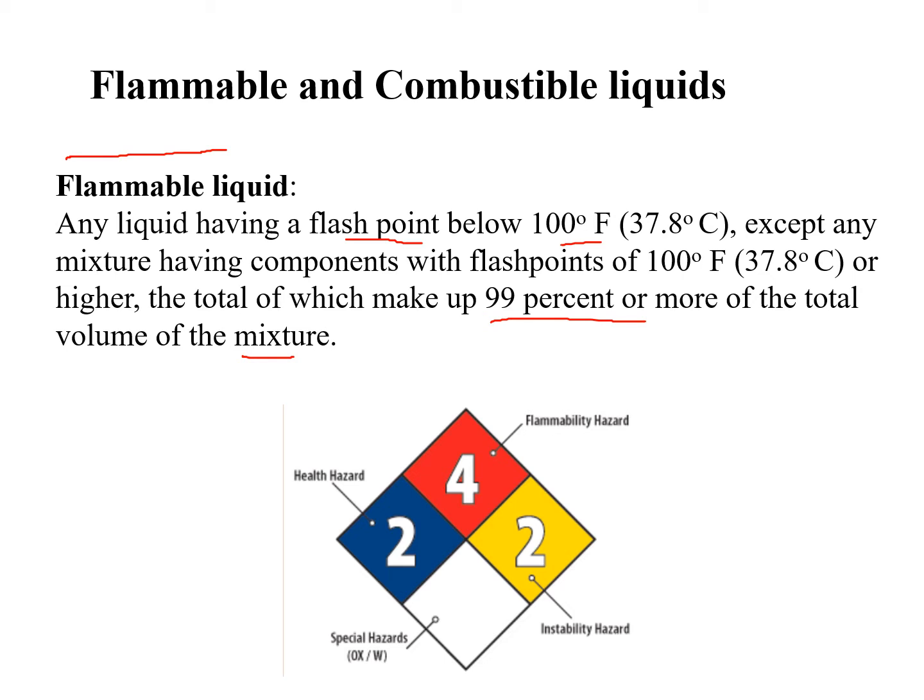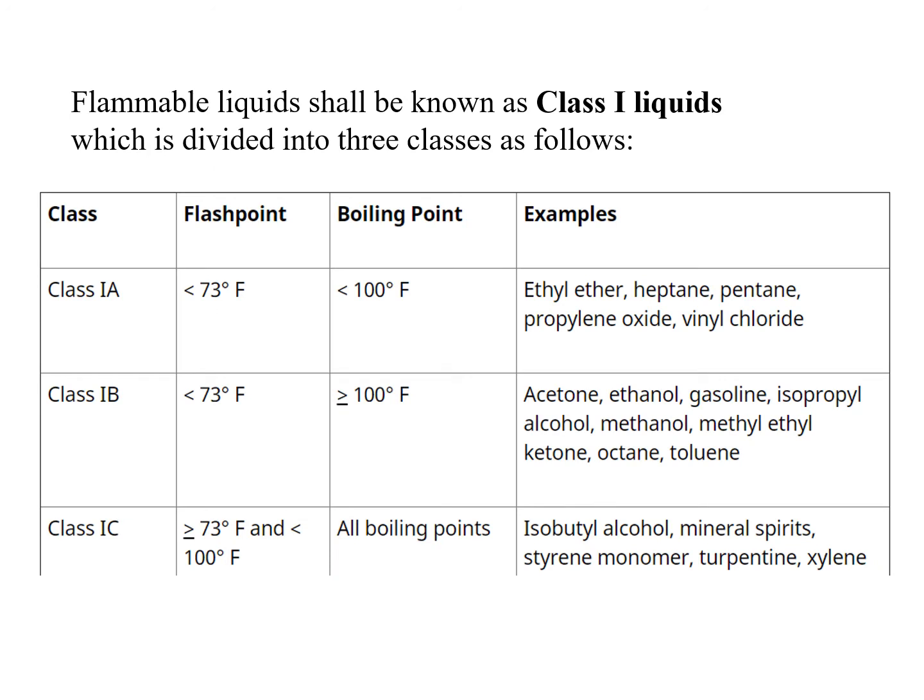In detail, we mentioned what falls under blue and what falls under yellow, as well as red, and there are some special hazards that fall under black or white. Here in the red one, although there are four different ranges from 0 to 4, this is actually the flammability hazard, so it falls under number 4, the red color in the chart system.